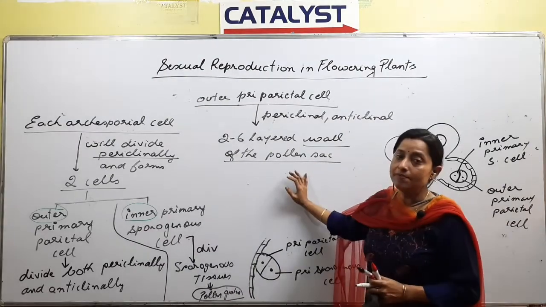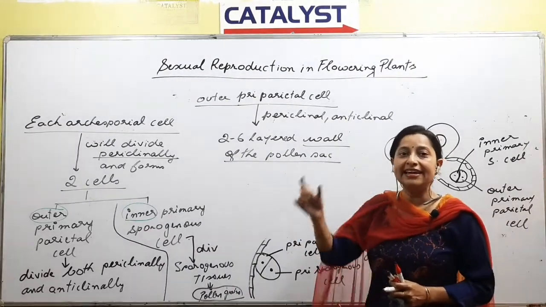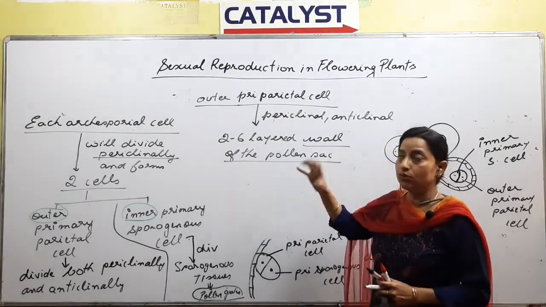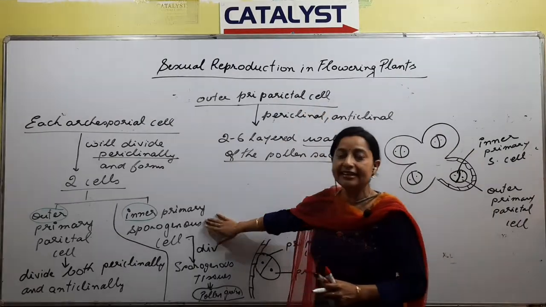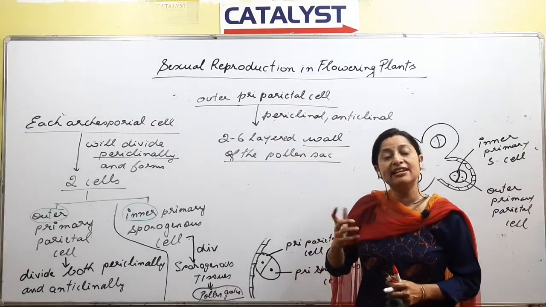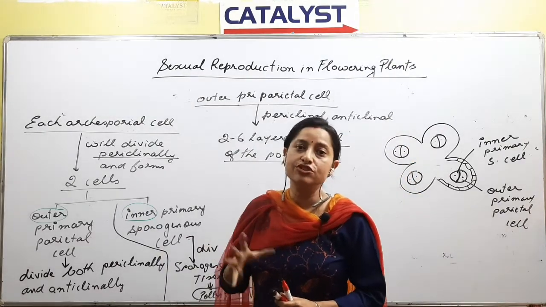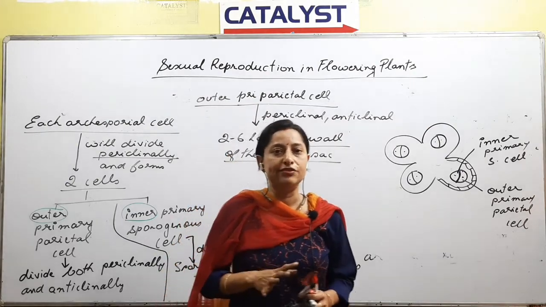The parietal cell divided and redivided to form a many layered wall, right? Which wall? The wall of the pollen sac. Who made it? The parietal cell. And what is the work of the sporogenous cell? This particular cell divided and redivided to form a group of tissues, and that is what is called sporogenous tissues. What will the sporogenous tissues ultimately form? Pollen grains, right?